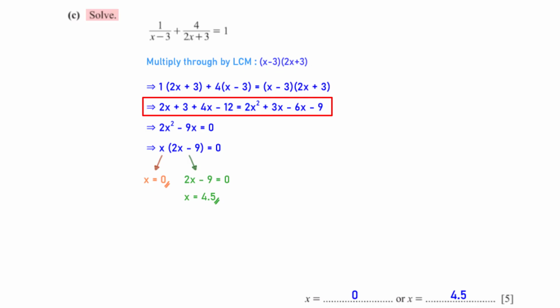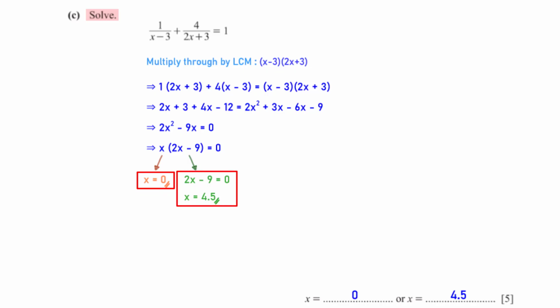When we move all the terms to one side of the equation and group like terms, we get 2x squared minus 9x equals 0. When we factor out x, we are left with 2x minus 9. So x equals 0. And when we equate 2x minus 9 to 0, we get x equals 4.5.